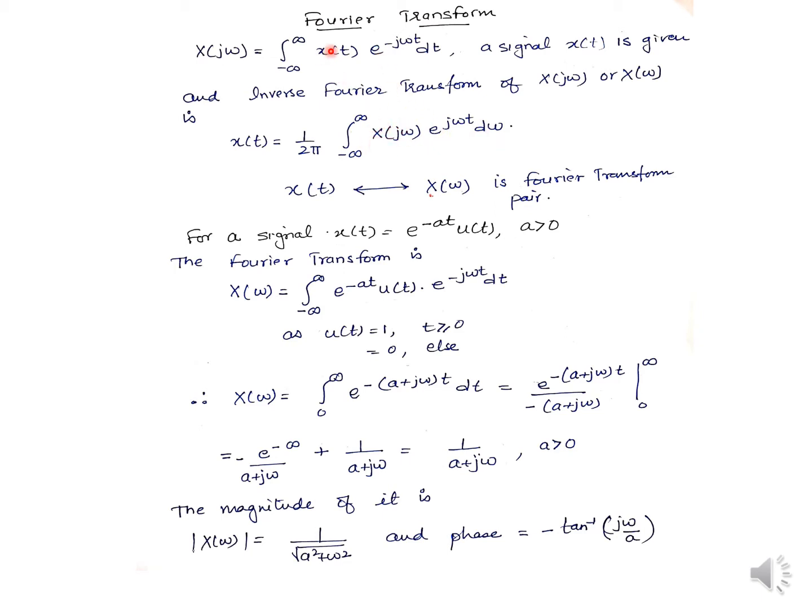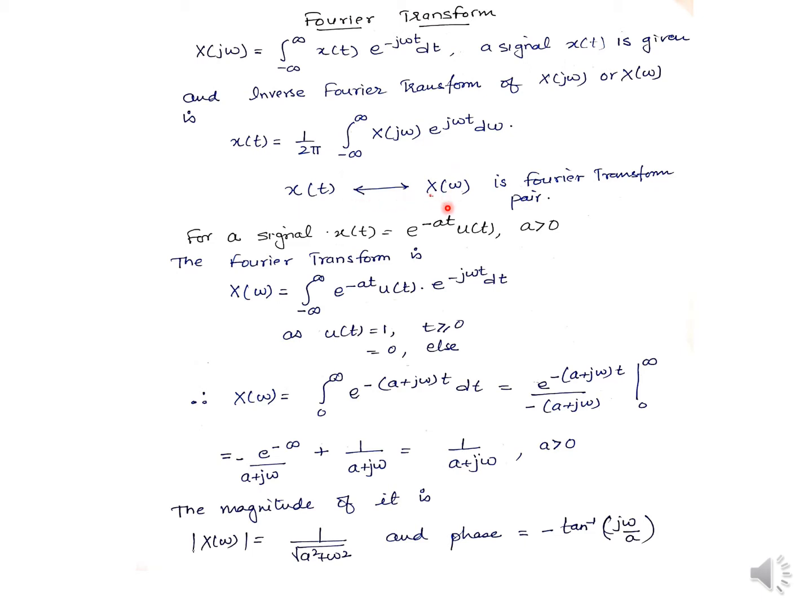So basically you can see that there is a difference, that here small x is replaced by a capital X and there is a positive sign with respect to e raised to the power j omega t, and we are integrating it with respect to omega here, and we are dividing it by 1 upon 2 pi.